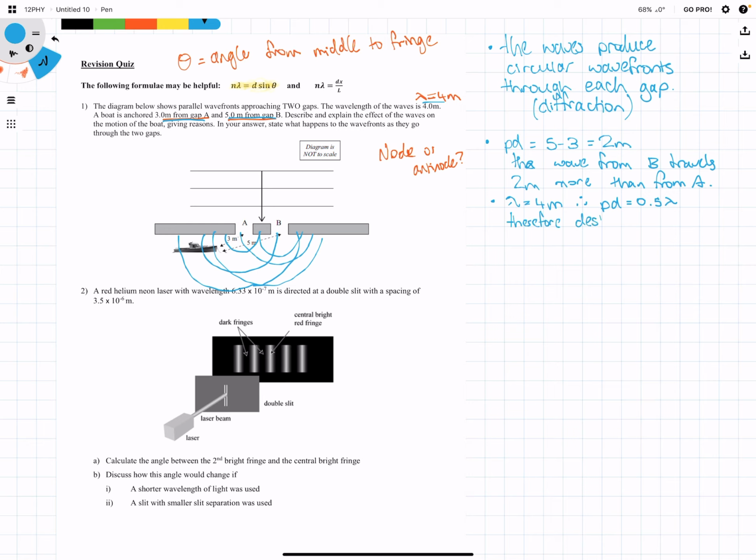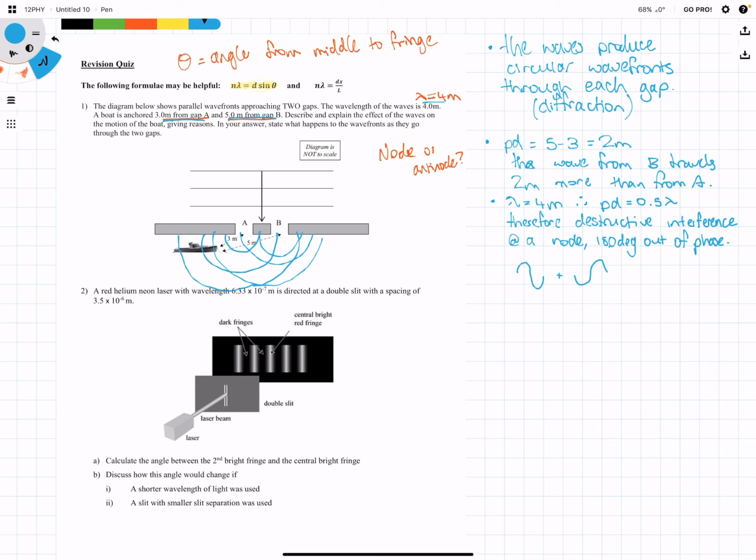Therefore, destructive interference because we are at a node, 180 degrees out of phase. That's our wave like this plus our wave like this.